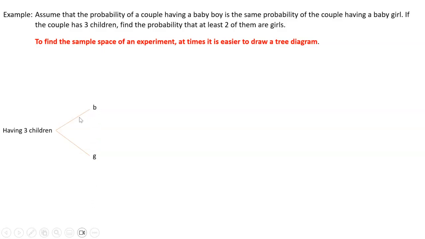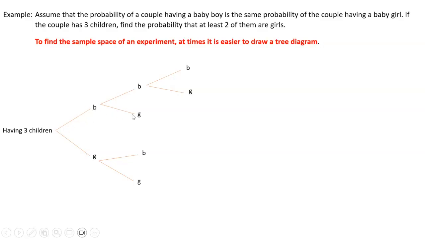Then for the second birth, if the boy is first, then it can be another boy or a girl. Or if the first birth was a girl, then it can be a boy and a girl. Now this is my third birth. If you had a boy, then after that it can be another boy, or it can be a girl.